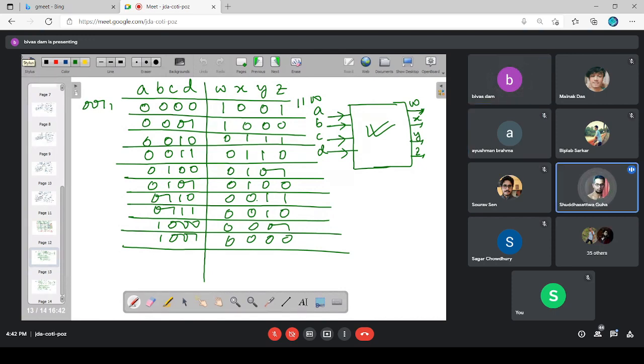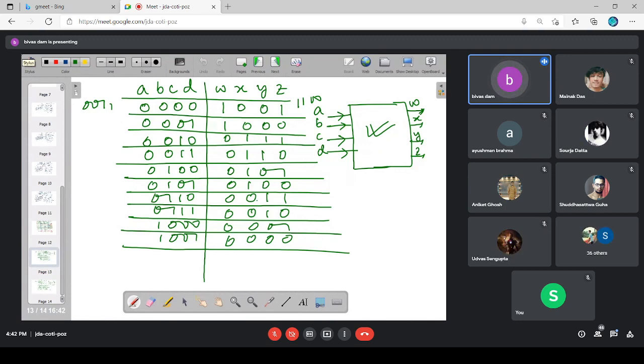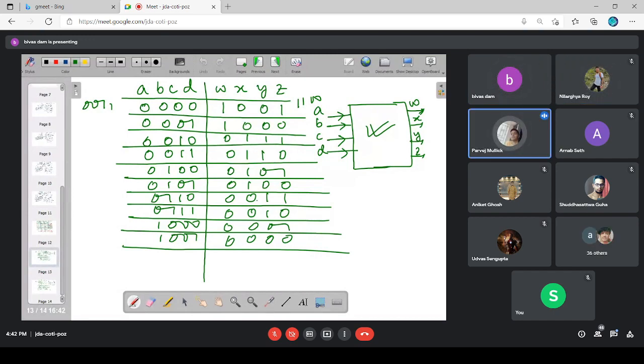Yes, sir. Sir, I am present, sir. Yeah, Aniket. Yes, sir. Present. Udvash, Present, sir. Somojit Acharya, absent. Arnav, Present, sir. Nilargho, Parvez, হ্যাঁ স্যার আছি স্যার। Parvez, Present, sir. Ashraf Hussain, Present, sir.